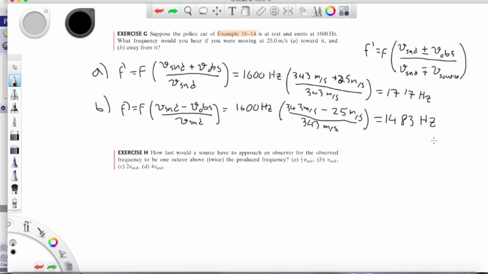In exercise H, we were asked how fast would a source have to approach an observer for the Doppler shifted frequency to be twice the original frequency. Let's start by picking up the correct equation for our case.